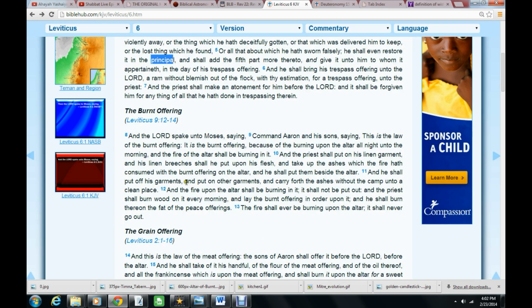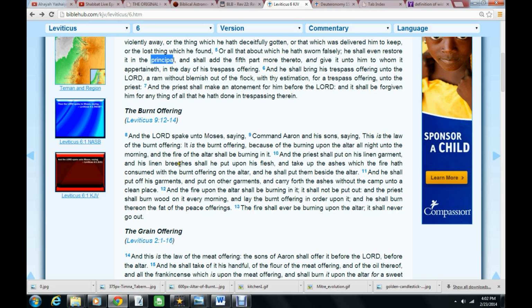So the burnt offering. And the Most High spoke unto Moses, saying, command Aaron and his sons, saying, this is the law of the burnt offering. It is the burnt offering because of the burning upon the altar all night unto the sunrise. And the fire of the altar shall be burning in it.